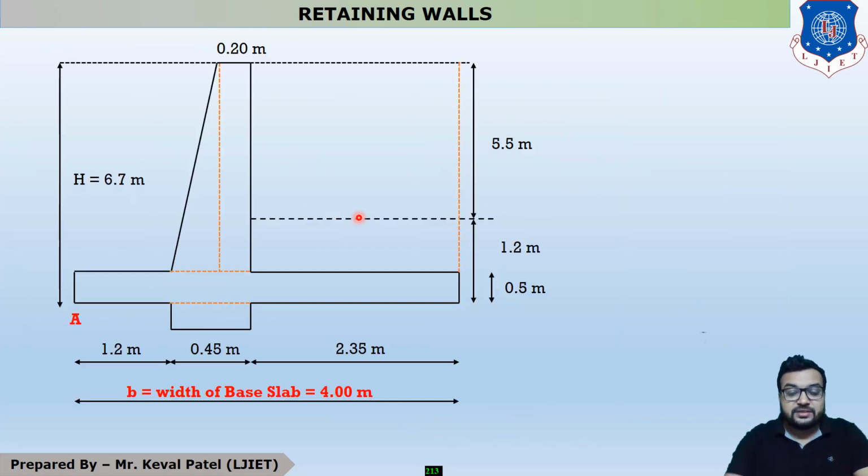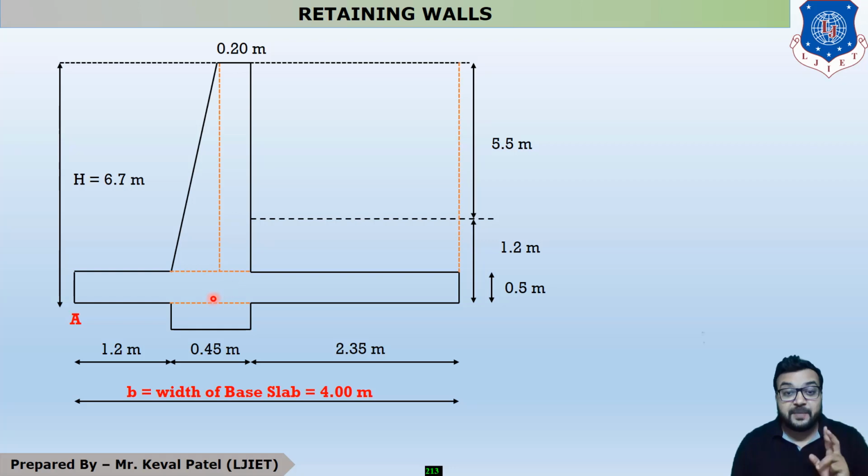Now, what is the distance? Distance is 1.2 plus this CG. CG is over here, so this distance is 1 by 3 and this distance is 2 by 3. We have to find all the distances from this side, so our distance is 1.2 plus 2 by 3 of 0.25. Okay, so this is the second portion.